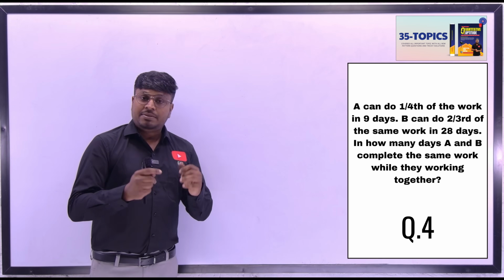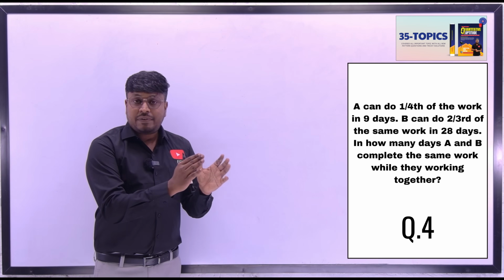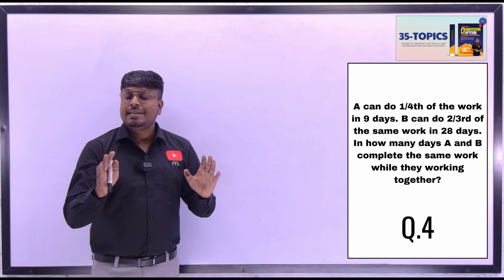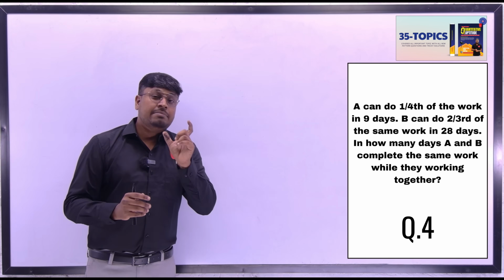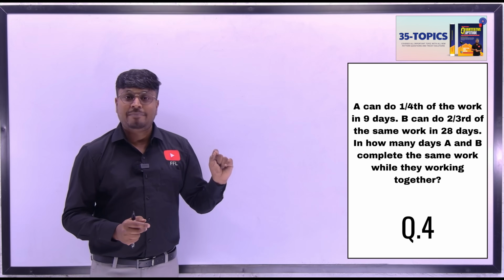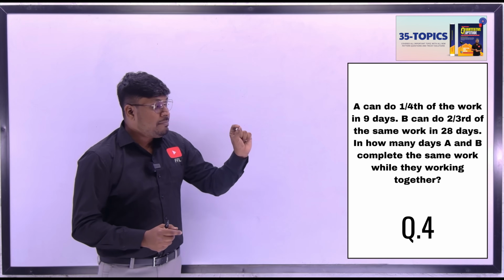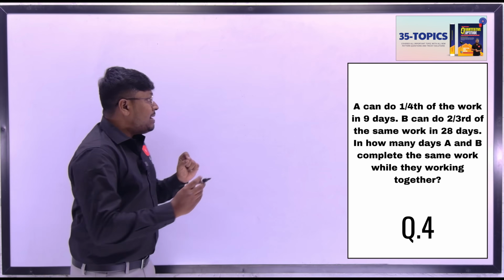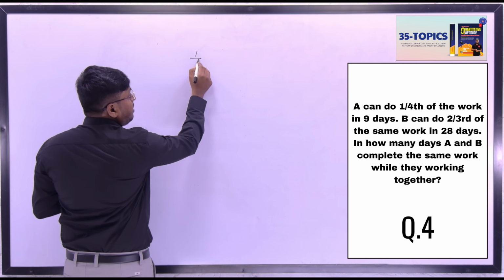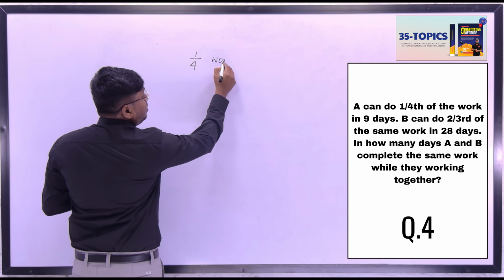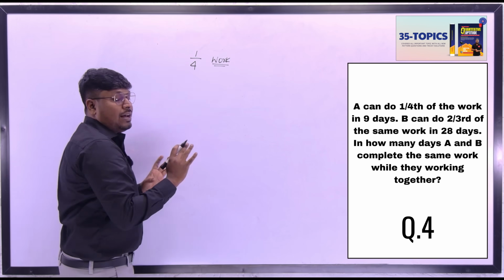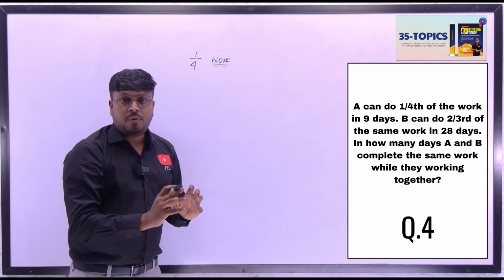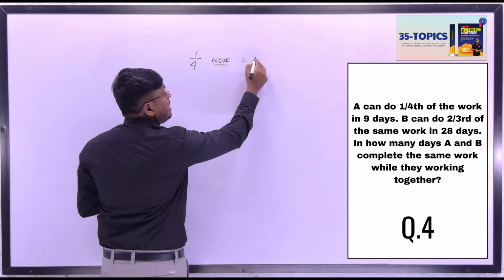See, the concept is very simple. Our target is to find how many days both persons take to complete the work when working together. The first point they have mentioned is that A takes 1 by 4th of the work to be completed in 9 days. So some work is there, and out of that work, A completed 1 by 4th in 9 days.